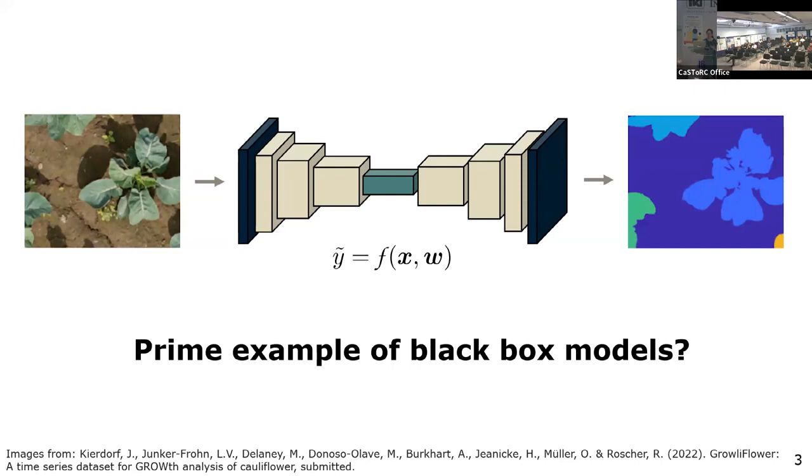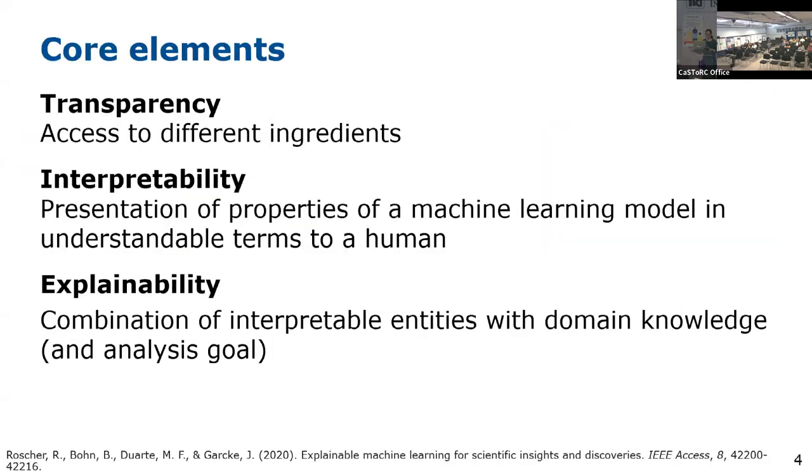And since such networks are so complex, it's very hard to understand them. So they seem to be the prime example of black box models. To make deep neural networks more understandable, so that we can actually grasp what they do, there are three core elements which need to be considered. One element is transparency.